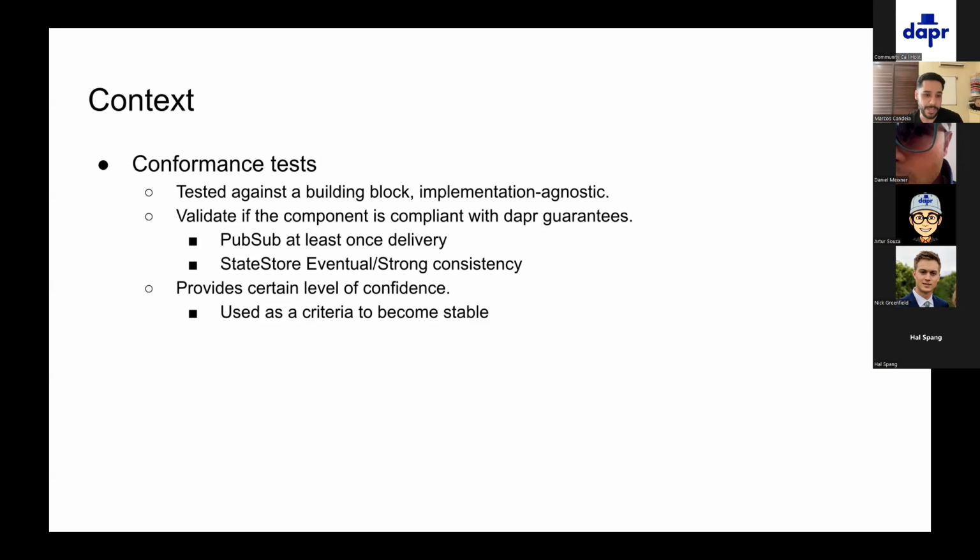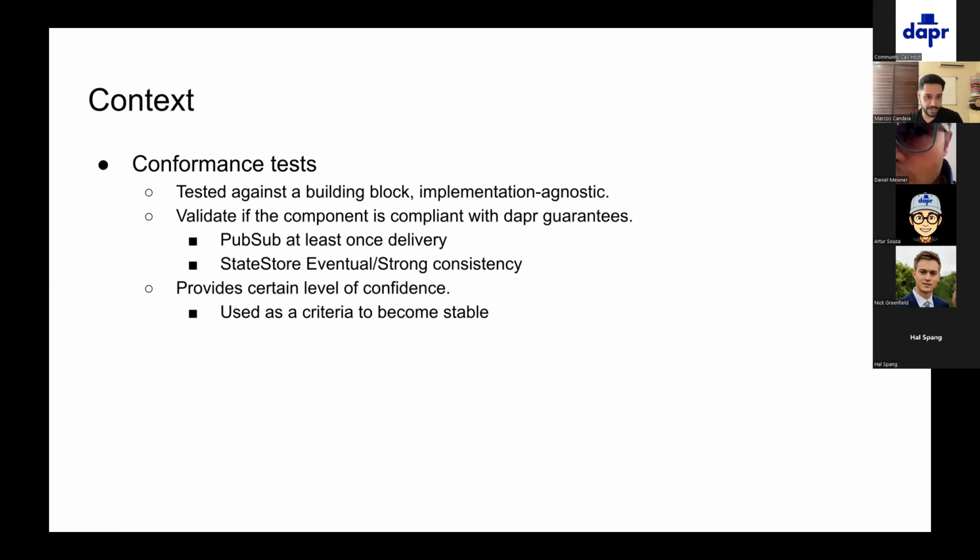The same you can apply for state store. For instance, let's say eventual and strong consistency. If you say that you are strong, you should be. And we have conformance tests to test against these properties. So it hence provides a certain level of confidence.